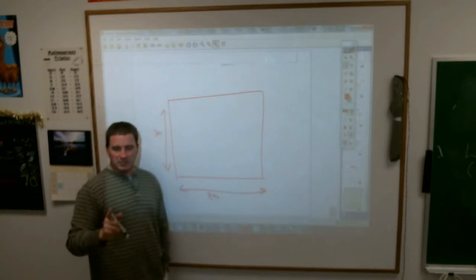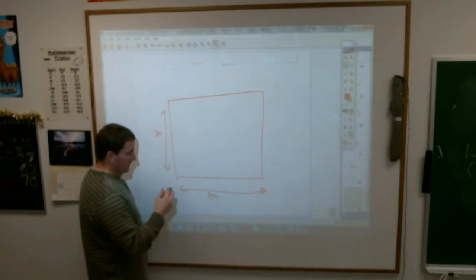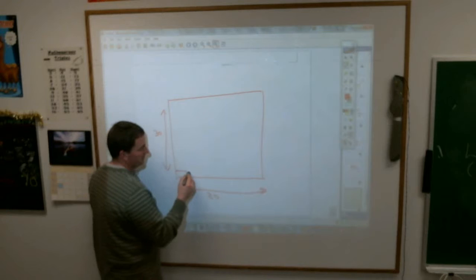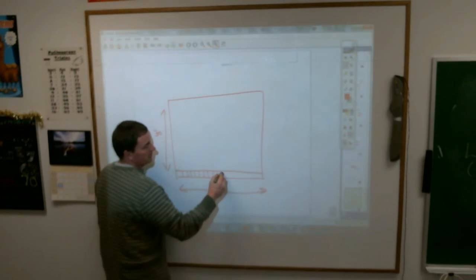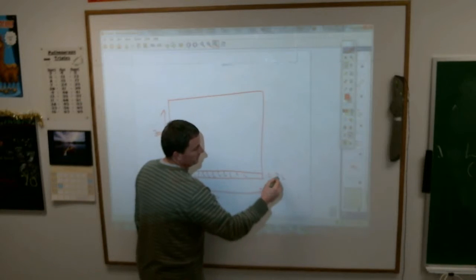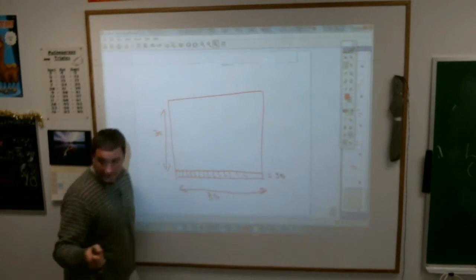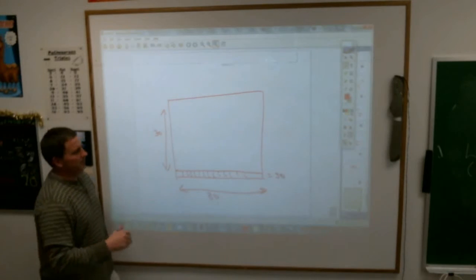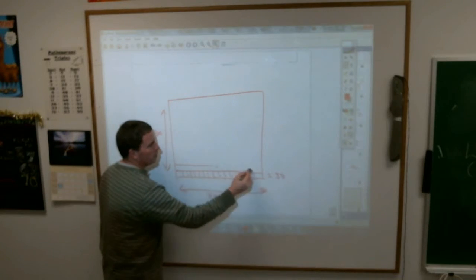Now, for those of you that said 180, listen to this. If I just cut one row of tiles here, this one row of tiles in itself is 30 square feet, because there's 30 of them lined up. But I have 30 rows of those 30.